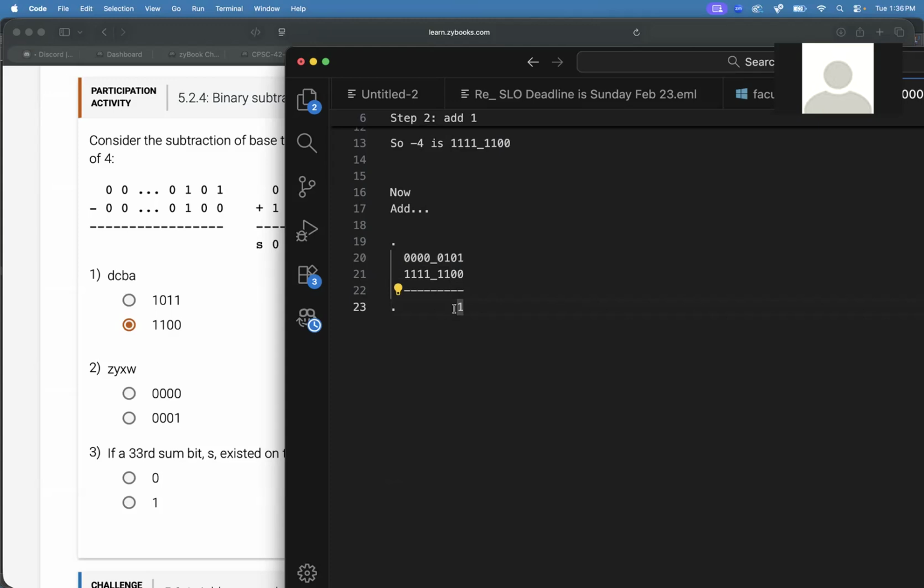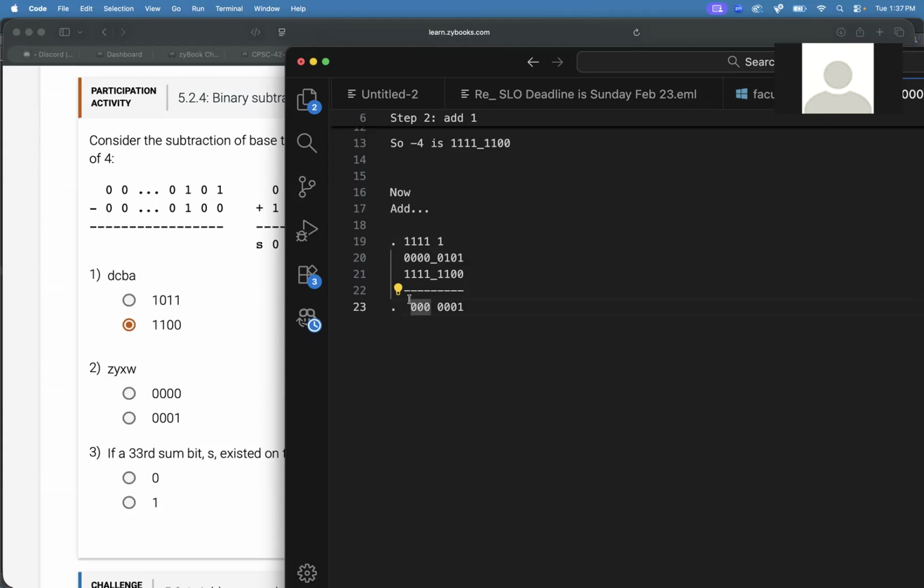Here's 0 plus 0 is 0. 1 plus 1 is 2, so that's 0, carry the 1. 1 plus 1 is 2, so that is 0, carry the 1. 1 plus 1 is 2, so that is 0, carry the 1. 1 plus 1 is 2, which is 0, carry the 1, and so on.